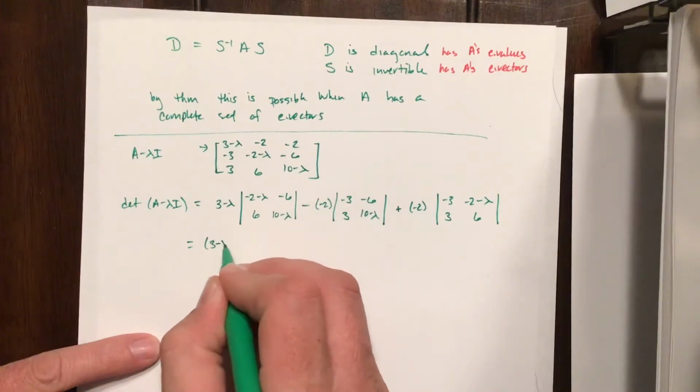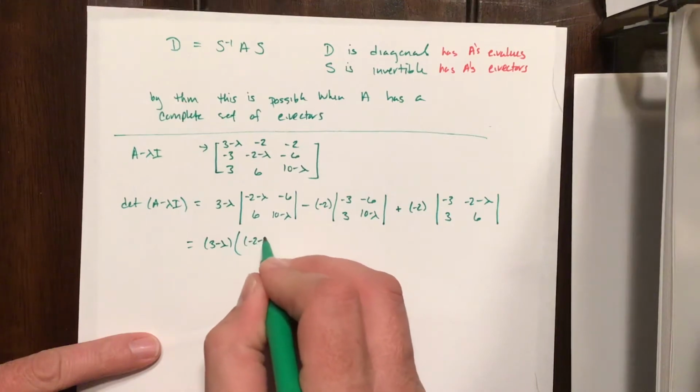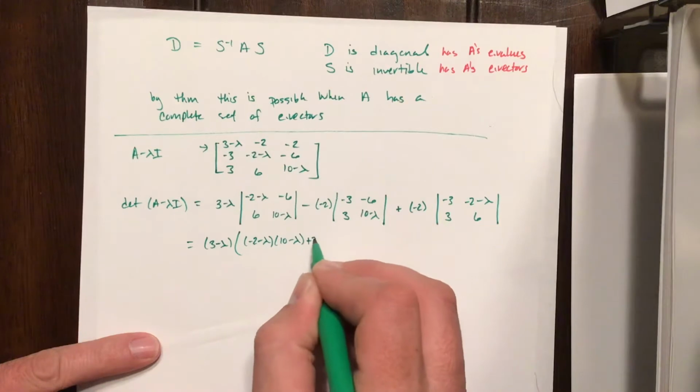3 minus lambda times, in parentheses, negative 2 minus lambda times 10 minus lambda, plus 36.